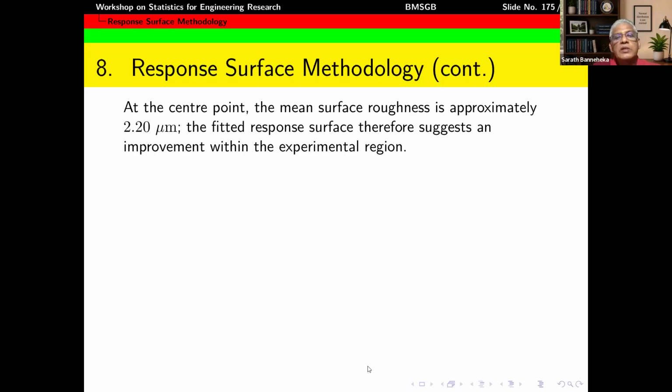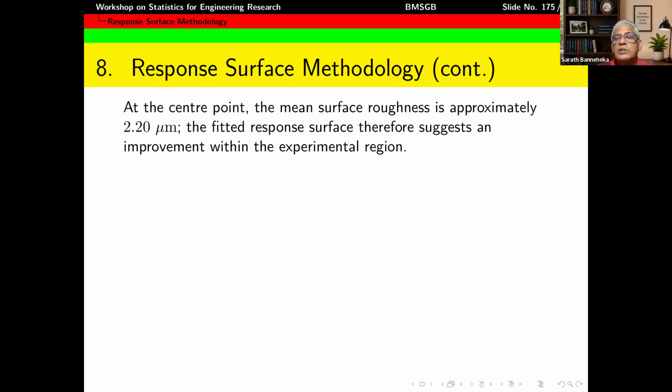So at the center point, the mean surface roughness is approximately 2.2. That is what we had in our observations, right? So that is the minimum that we had. But by fitting the response surface, we found a better answer, right? That was not the minimum condition, right?